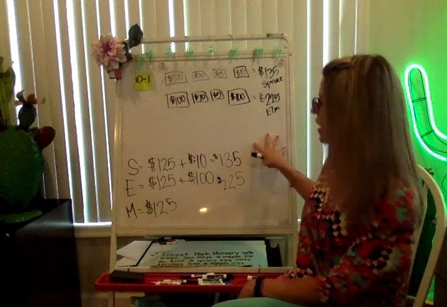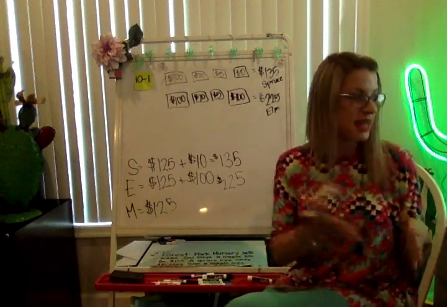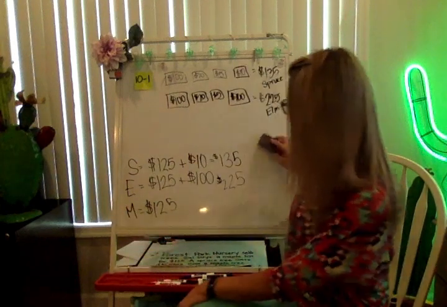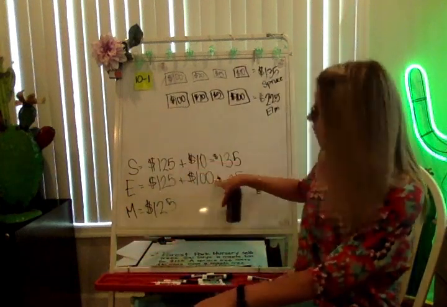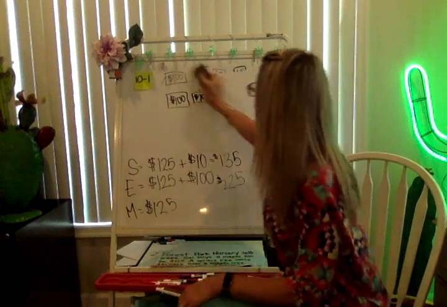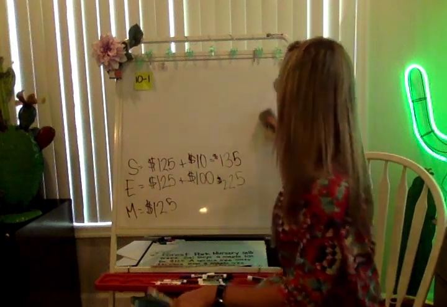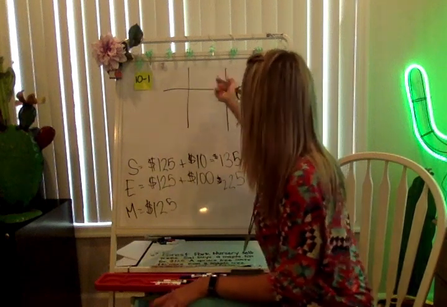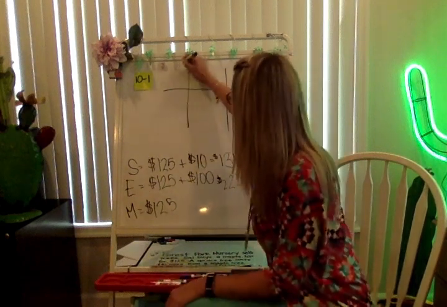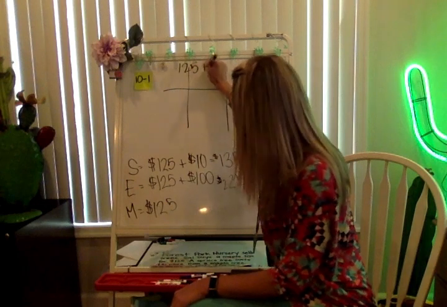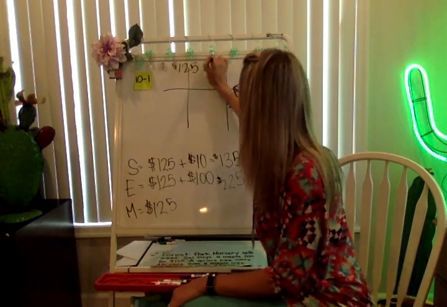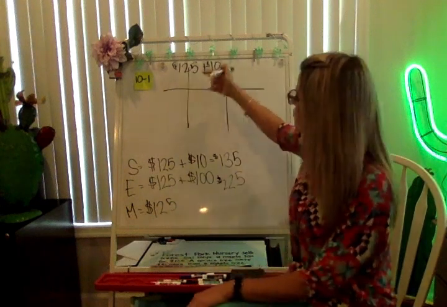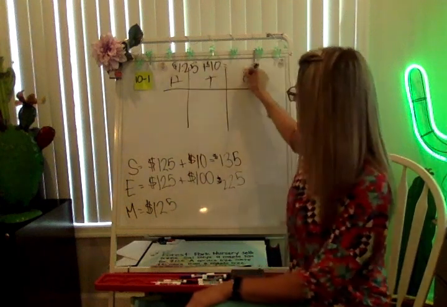This is kind of where we're headed with a lot of our thinking, getting into the mental math portion of our math curriculum. If I wanted to solve these equations using a place value chart, my equation at the top would just be 125 plus 10. Both of these are dollar amounts. 125 plus 10, my hundreds, my tens, and my ones.